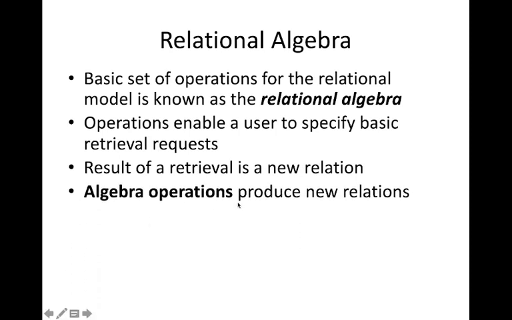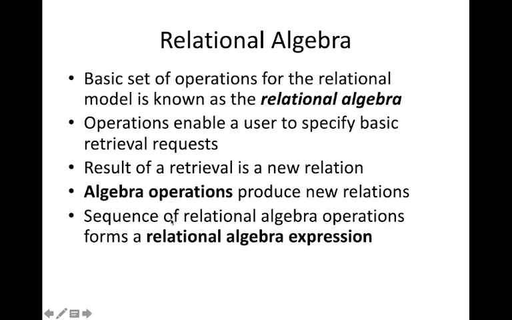So algebra operations produce new relations. A sequence of relational algebra operations forms a relational algebra expression. So if you have a set of relational algebra operations, then we can call it a relational algebra expression.